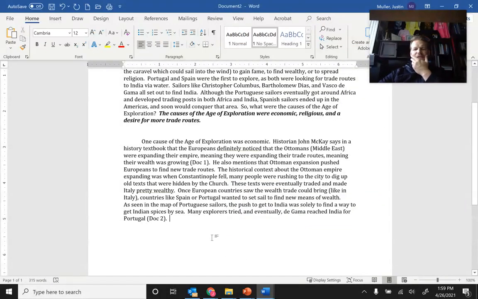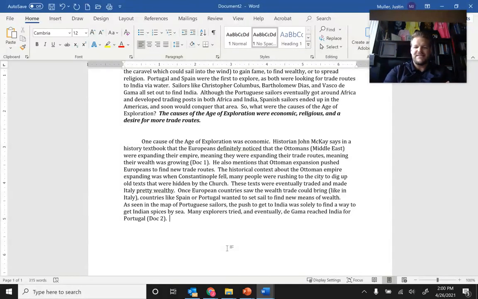All right, point of view. Now, I don't want to get the point of view of Da Gama. I want to get the point of view of people who put out this document, or the purpose of the document, or the historical context behind the document. So I could do another historical context, and I could say, hey, listen, Europe knew how wealthy the spice trade was, but they only knew that because they were trading via land.